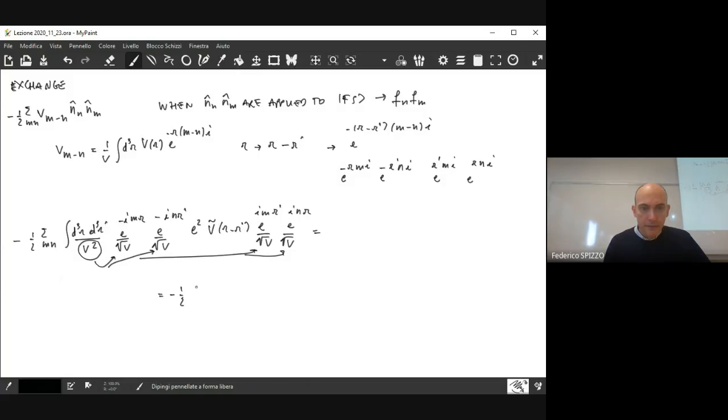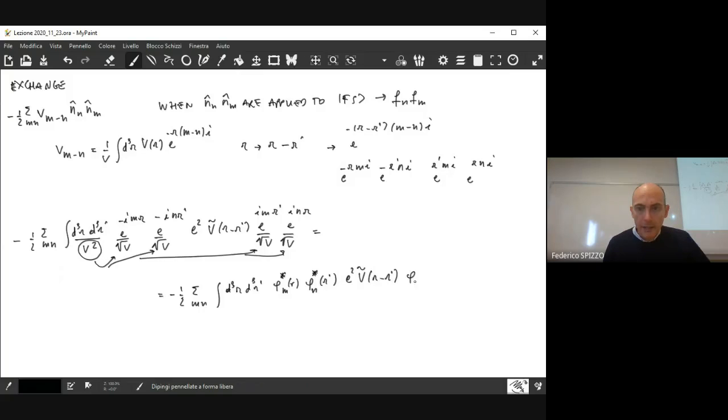minus 1/2 summation over m and n of d3r d3r prime, and then this is the conjugate of level m in position r. This is the conjugate of level n in position r prime. Then I have the e squared interaction term.